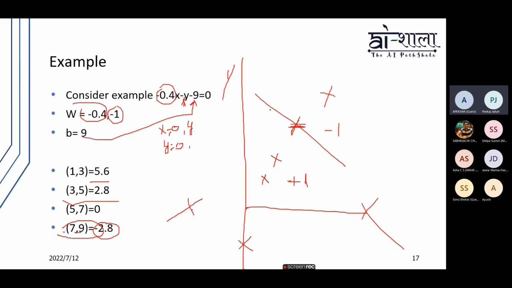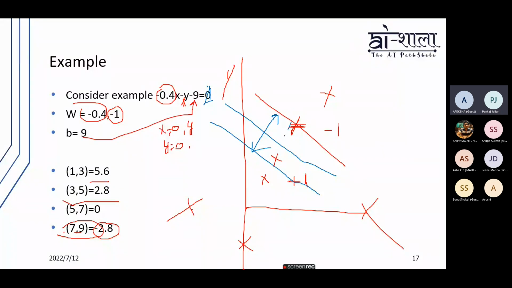Instead of 0 this would become 1, and as I keep on increasing this width, this support vector distance would become 2.